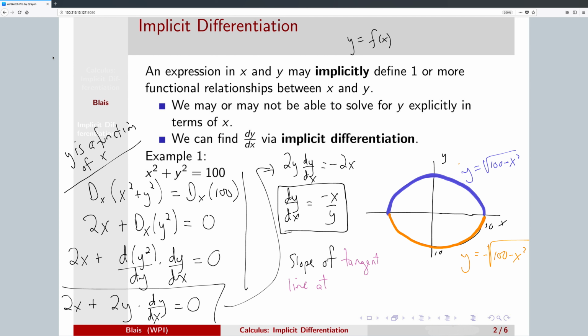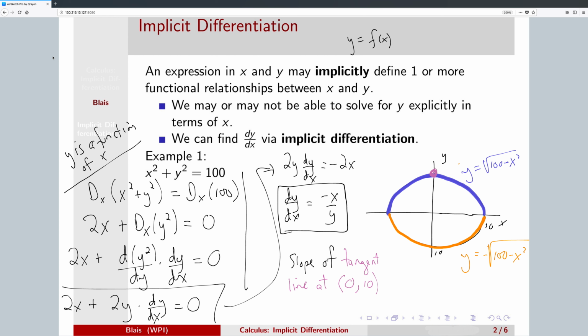So why don't we say something simple, at the point 0, 10, so that would be here.